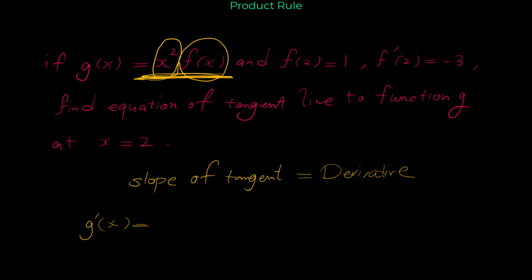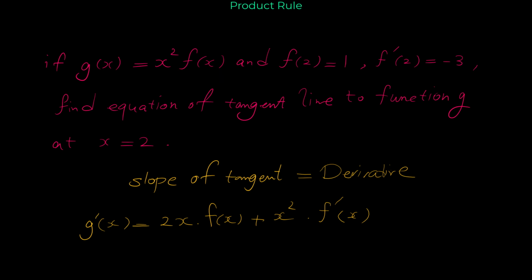What is the derivative of x to the 2? 2x times f of x plus, write the first function x squared, take the derivative of the second function. Based on the product rule, g prime of x equals 2x f of x plus x squared f prime of x.